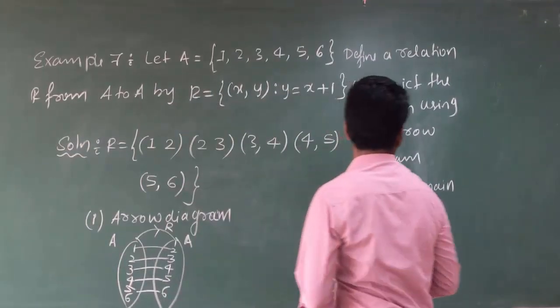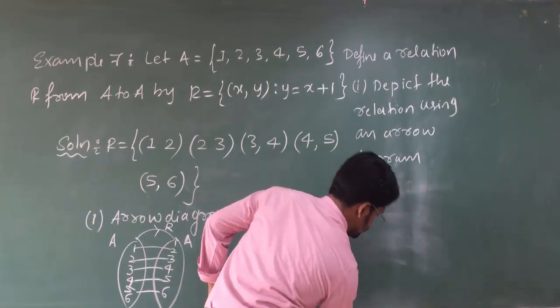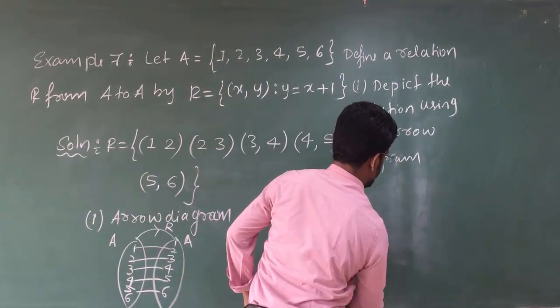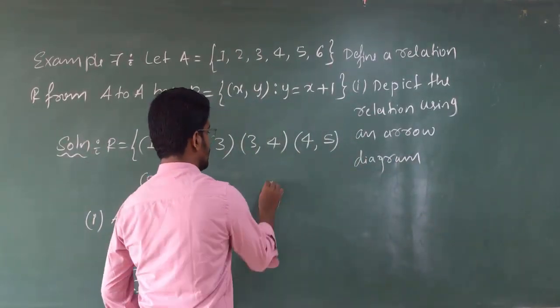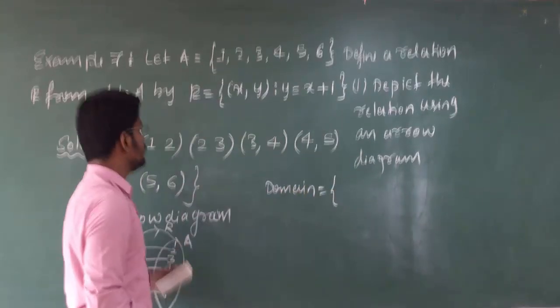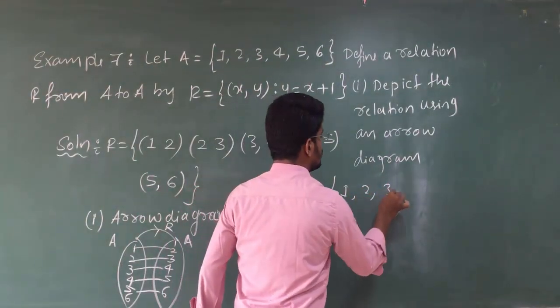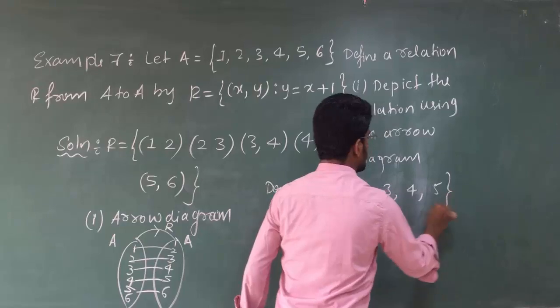First one is domain, so domain will be equal to the set of first elements, that is 1, 2, 3, 4, 5.